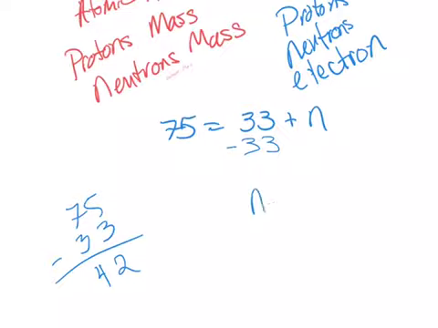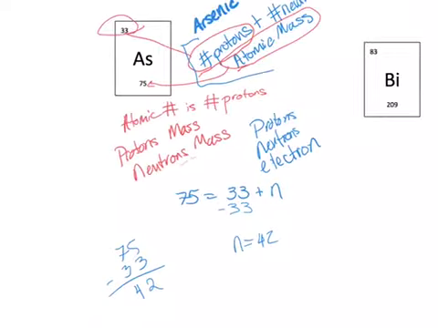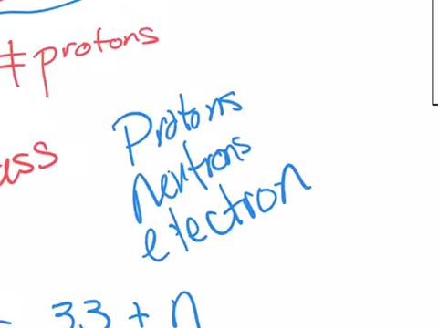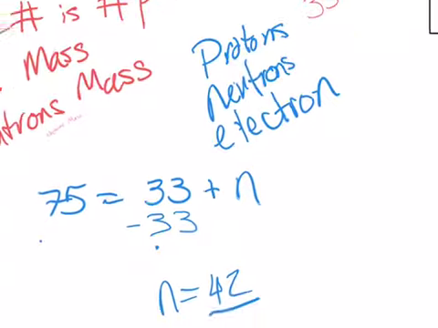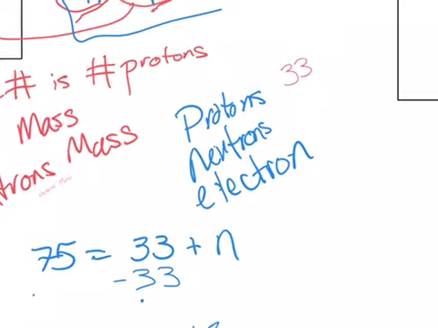So N equals 42. We can always check our math: 42 plus 33, and we get 75. So the number of protons we have is 33. The number of neutrons we have is 42.